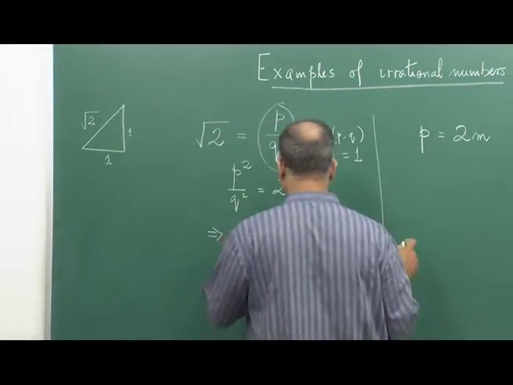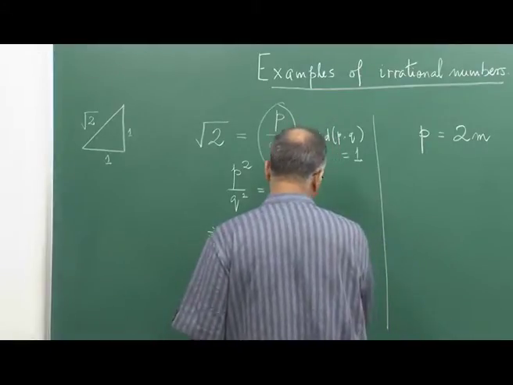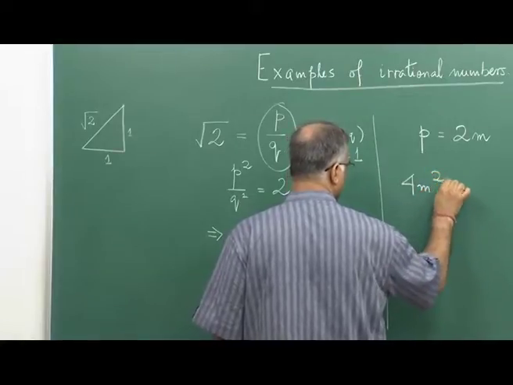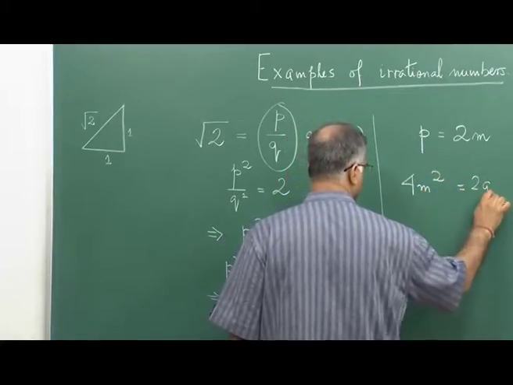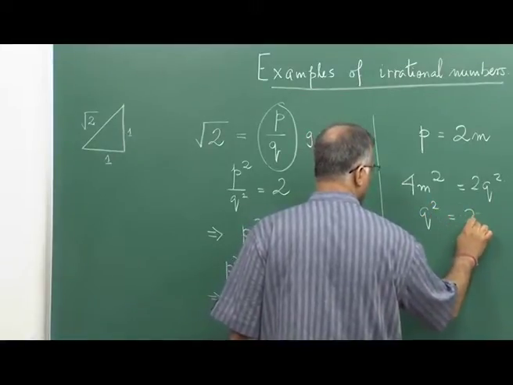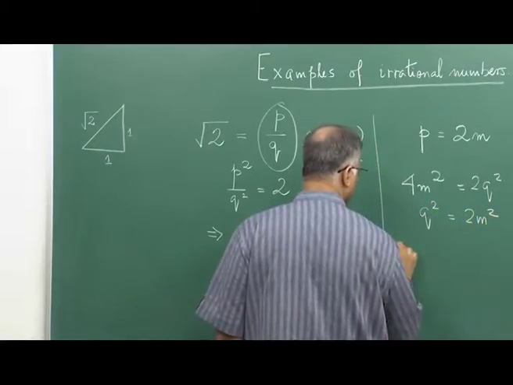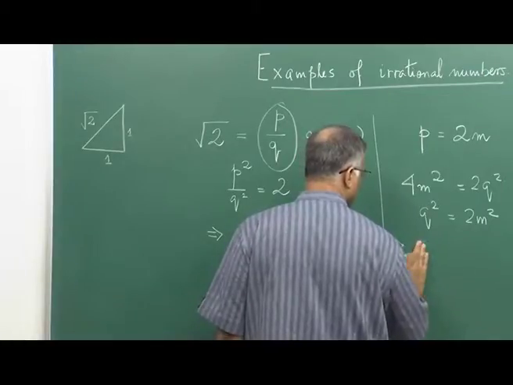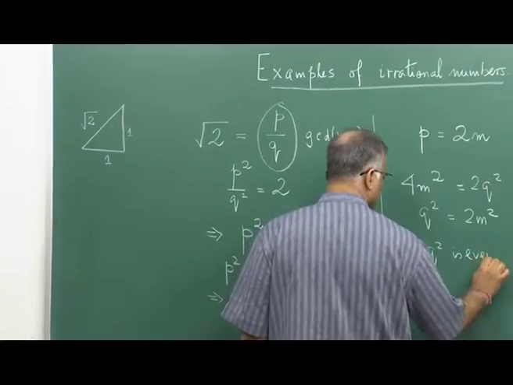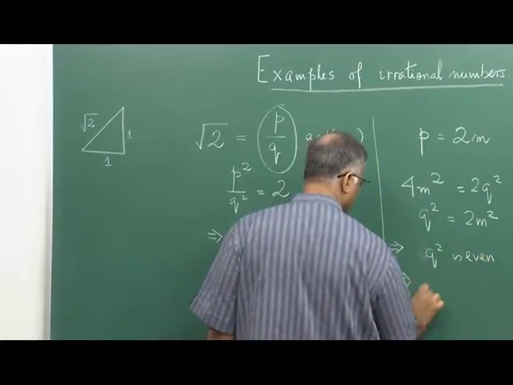So, if p is 2m, I will put it in this equation p square equal to 2q square, to get 4m square is equal to 2q square, which simply gives me that q square is 2m square, which would imply that q square is even. So, it implies that q is even.